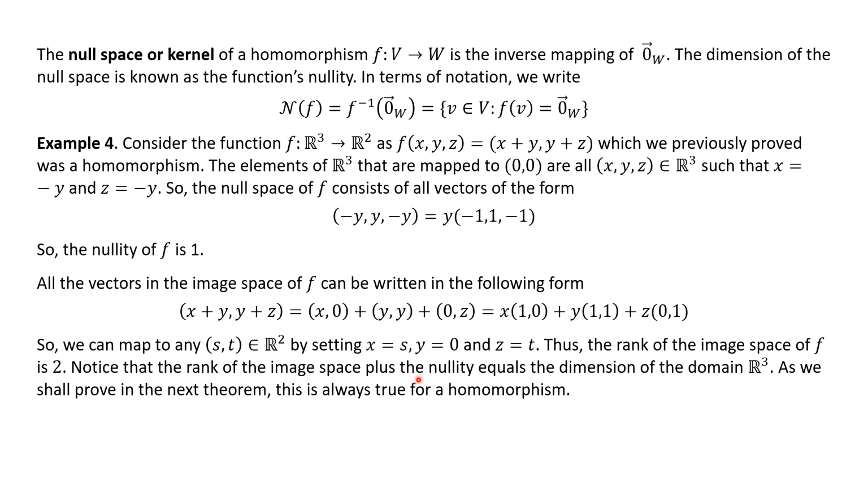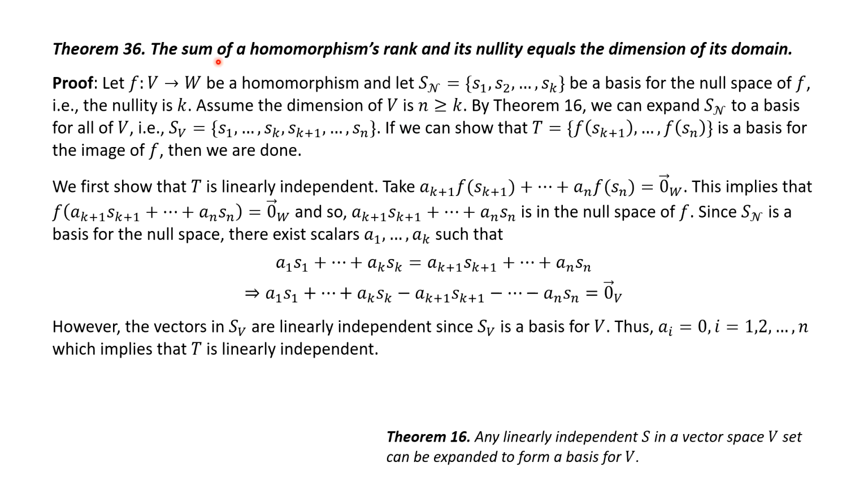The dimension of the range plus the dimension of the null space always equals the dimension of the domain that you're mapping from. The sum of a homomorphism's rank and its nullity equals the dimension of its domain.